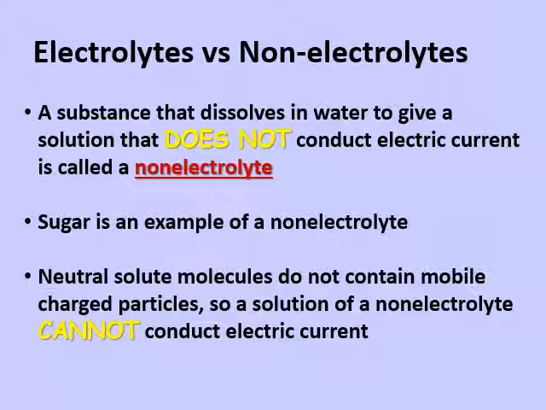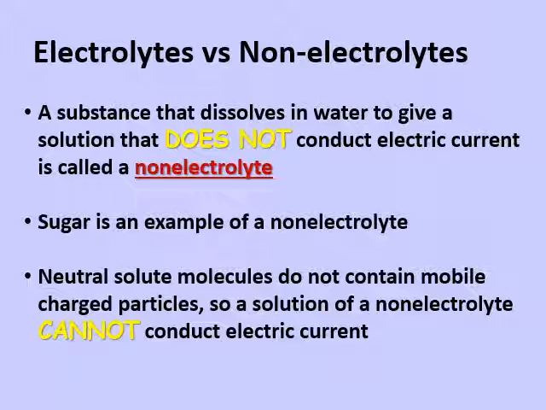You just have individual sugar particles in solution, and those are not going to be able to conduct electricity. Neutral solute molecules do not contain mobile charged particles, so a solution of non-electrolytes cannot conduct electric current. I think we talked about that a lot on this slide.